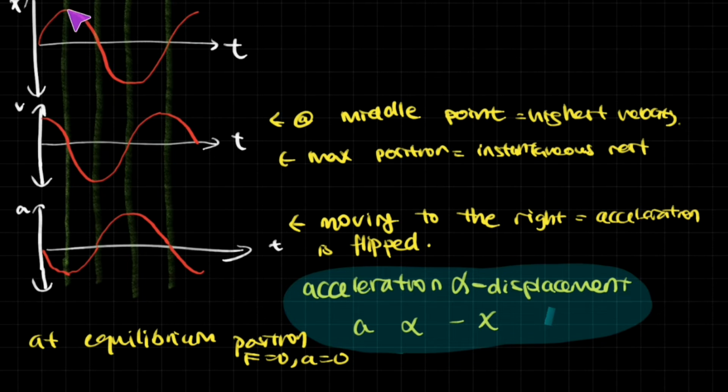But we also know that at displacement equals maximum, the acceleration also has to be the maximum. However, it has to be in the opposite direction as the displacement. And we can say that this is the maximum as well, but it's the negative of the displacement. So these graphs can really help put things into perspective.